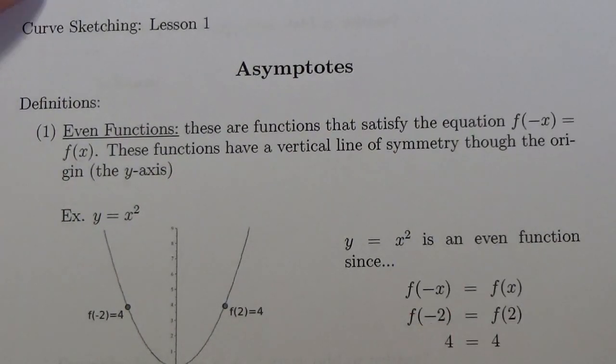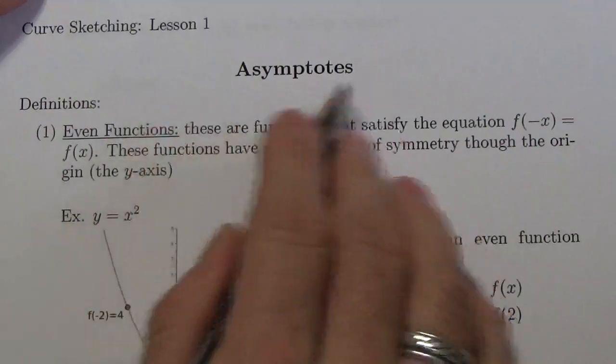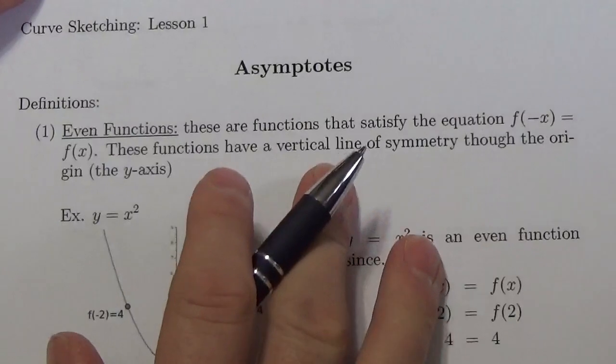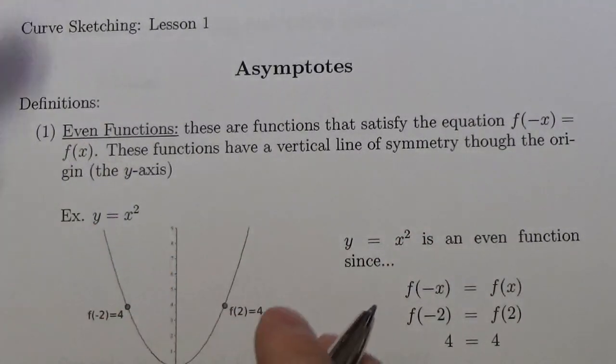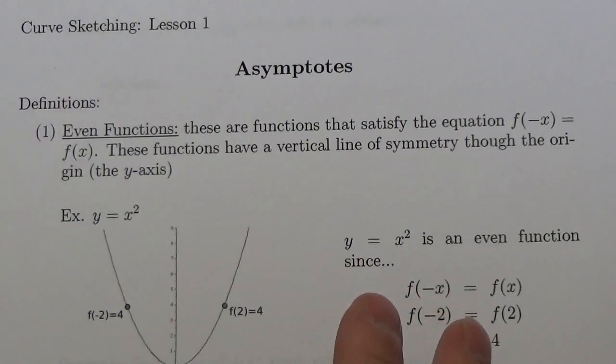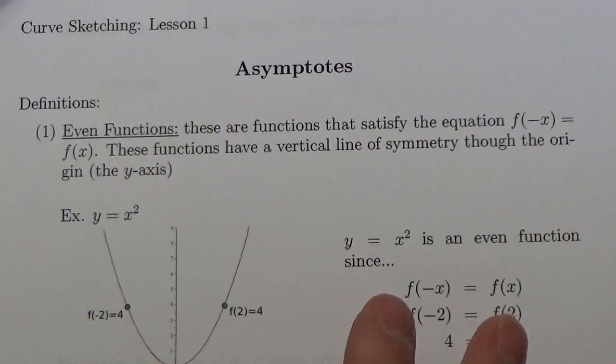Although this lesson today is going to be primarily about asymptotes, I'm going to start with a little bit of a discussion of what we mean by even and odd functions. What I'm about to go through isn't going to have a huge impact on how we graph things, but it is something that I'm going to need you to know as we go through this chapter.